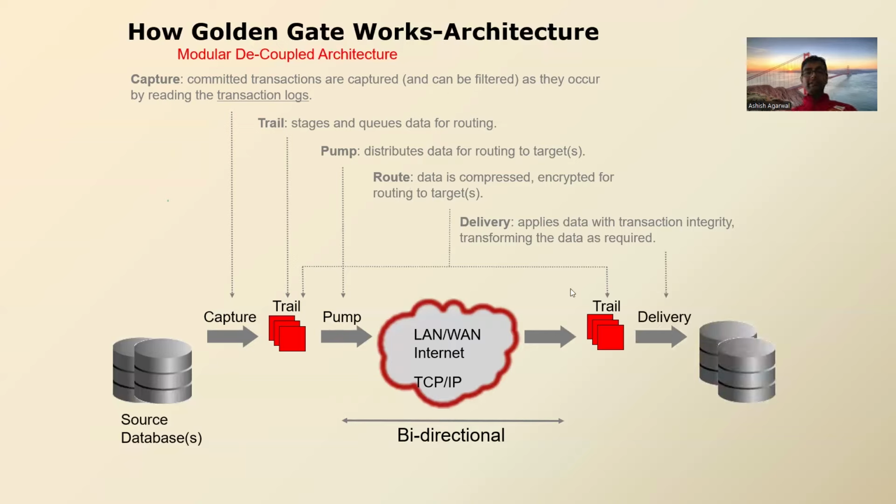Once the data is available in the remote trail file, the replicate process reads the data from the remote trail and applies it to the target database. Okay, so there are three processes involved in Oracle GoldenGate: extract, pump, and replicate. These are the three processes.